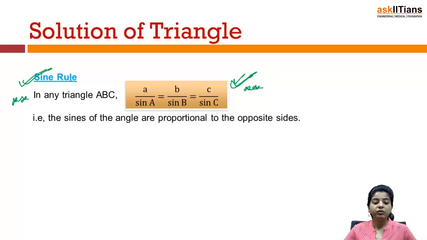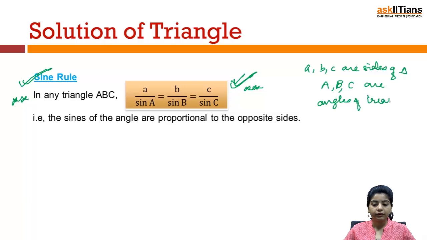The sine rule says, in any triangle ABC, a by sin A is equal to b by sin B is equal to c by sin C, where a, b, c are the sides of the triangle and capital letters denote the angles. So A, B, C are angles of the triangle.